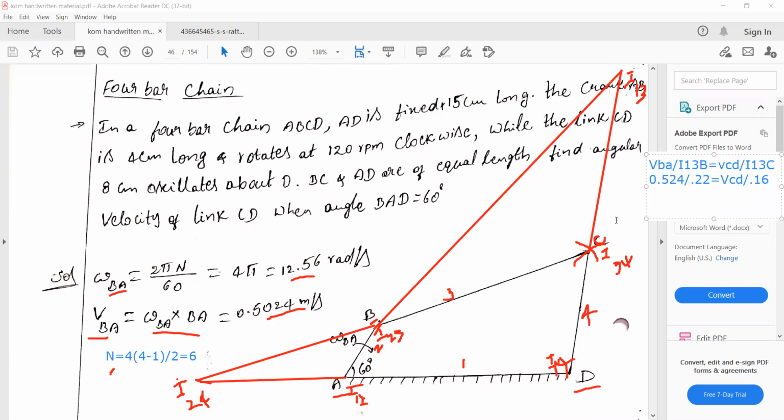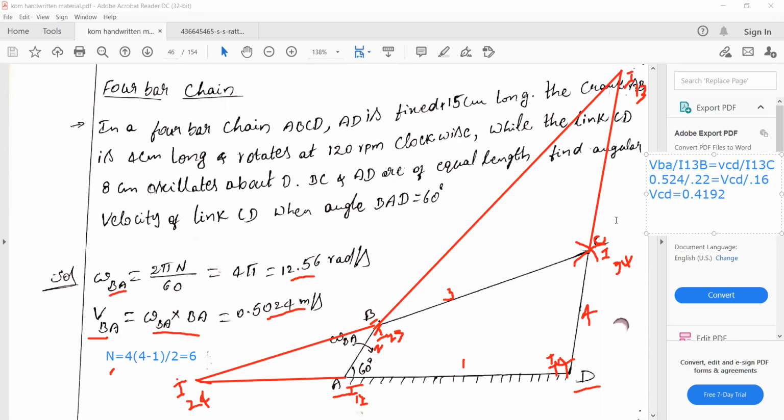Now you will find the unknown: VCD equals 0.524 divided by 0.22 into 0.16, which is 0.4192 nearly.